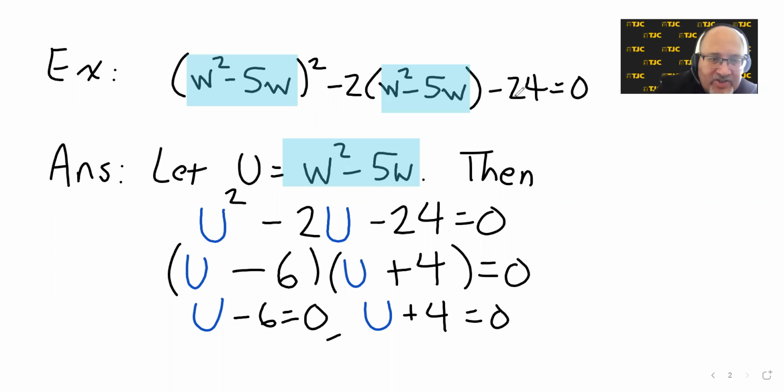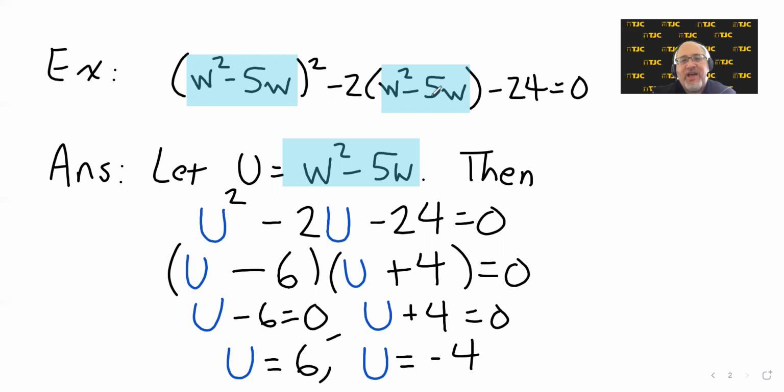If we solve u − 6 = 0, we get u = 6. And if we solve u + 4 = 0, we get u = −4. But we're not out of the woods yet, because remember, we're solving for w. We removed an expression with w and replaced it with a u to make it an easier equation to solve.